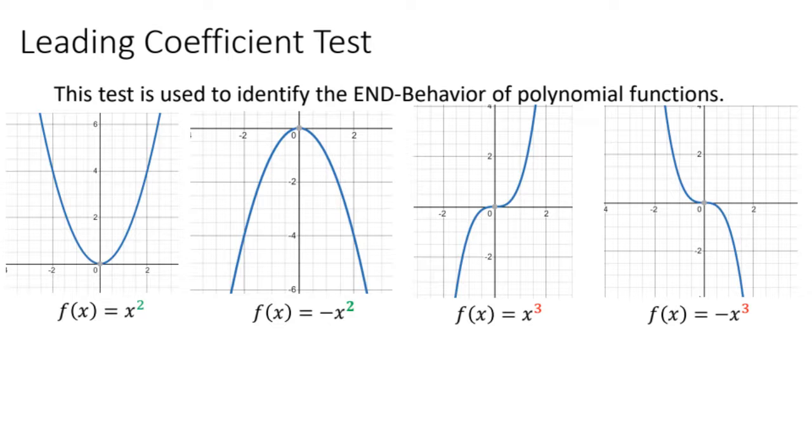Okay, so if the leading coefficient is a positive number and the degree of the polynomial is an even number, the graph will point upwards. If the degree is even and the leading coefficient is a negative number, less than 0, the graph is going to point downward.